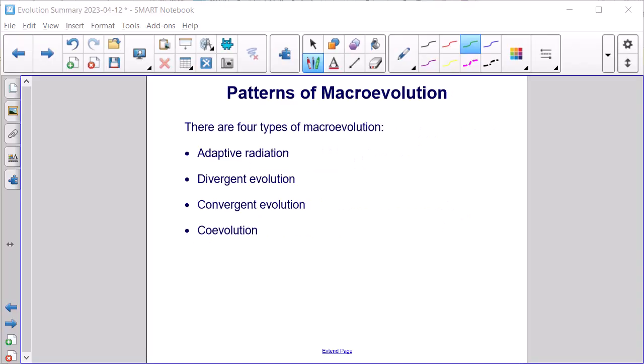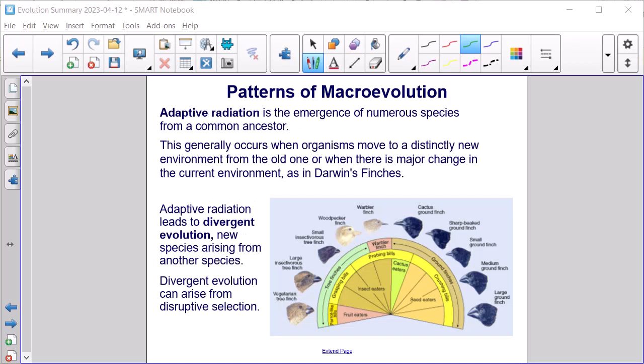Patterns of macroevolution. There are 4 types of macroevolution: adaptive radiation, divergent evolution, convergent evolution, and coevolution. Adaptive radiation is the emergence of numerous species from a common ancestor.